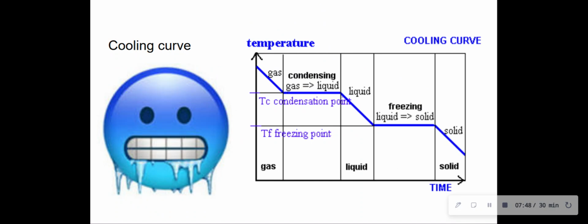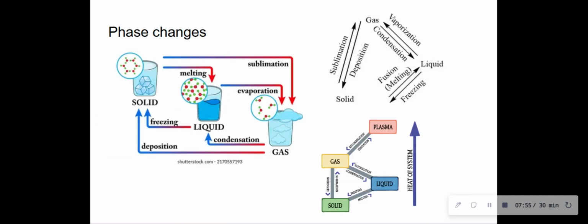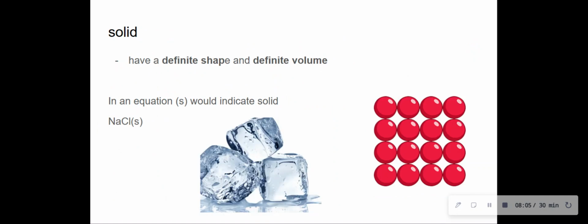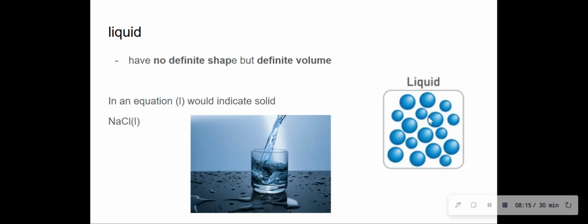Yeah. I did forget to mention though that it does take more energy to boil than to melt, because you are completely breaking the attractions between the particles. When you go from a solid to a liquid, the attractions are only broken a little.